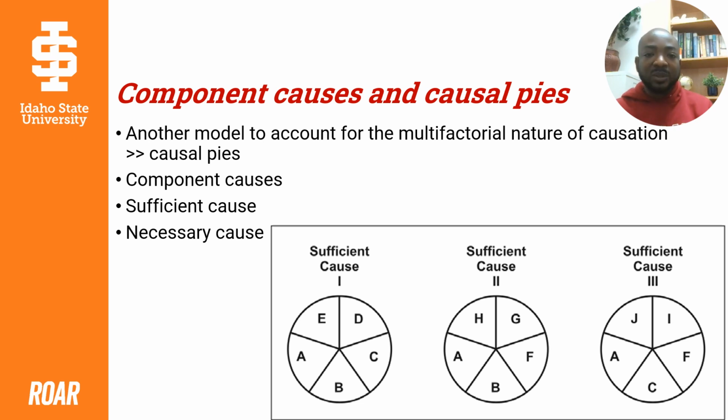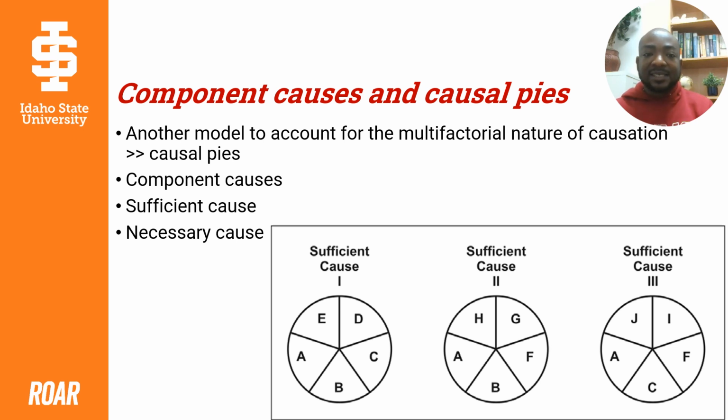Suppose component cause B is smoking and component cause C is asbestos. Sufficient cause 1 includes both smoking and asbestos, that's B and C. Sufficient cause 2 includes smoking without asbestos, and sufficient cause 3 includes asbestos without smoking.